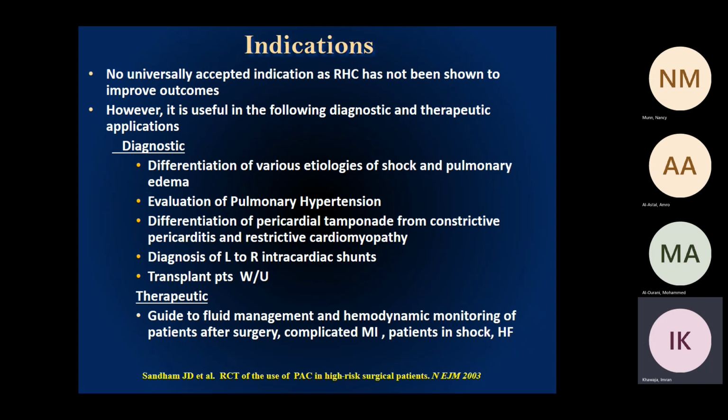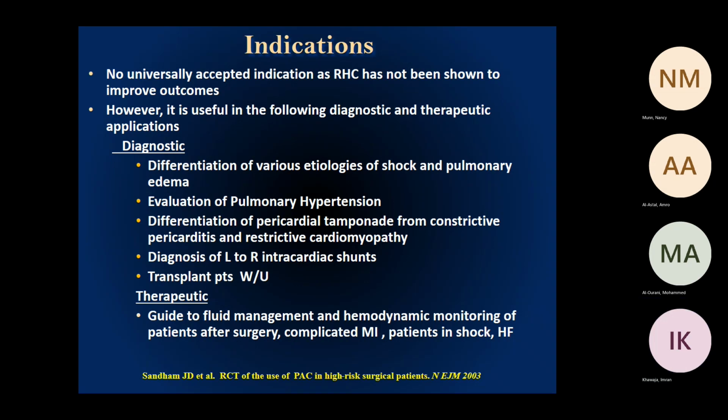It is an essential component of evaluating patients with pulmonary hypertension, at the time of diagnosis, and you might have to repeat it as patients are placed on therapies to see how they respond. It has a role in pericardial disease, like constrictive pericarditis or tamponade, or in restrictive cardiomyopathy, and we'll talk about the waveforms suggestive of one diagnosis versus the other.